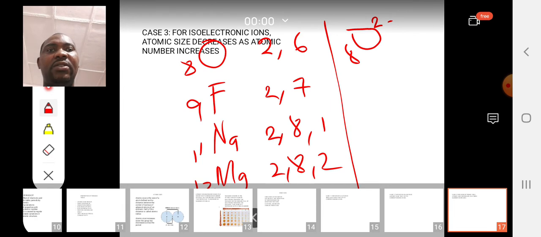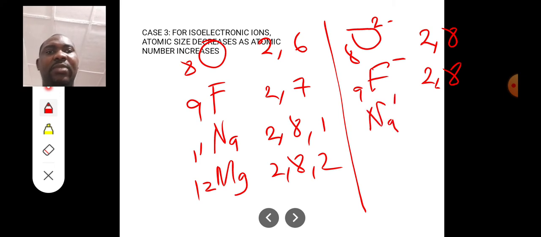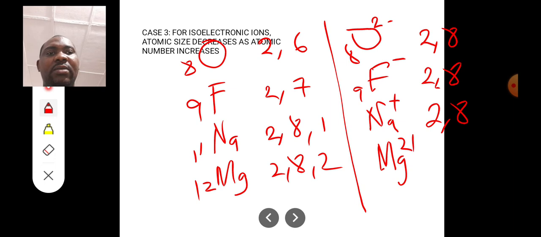The configuration will simply be 2, 8. Look at the fluoride ion F-, it has gained 1 electron. The configuration is also 2, 8. Sodium should be Na+, meaning it has lost 1 electron. The configuration is 2, 8. Magnesium is Mg2+, meaning it has lost 2 electrons. The configuration is also 2, 8.